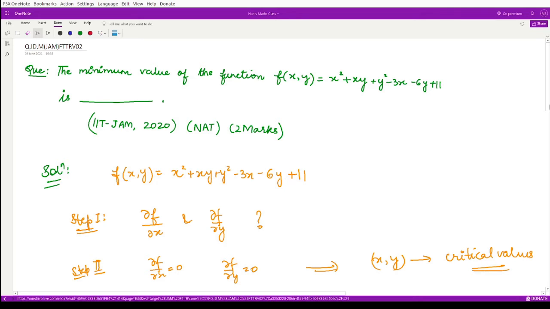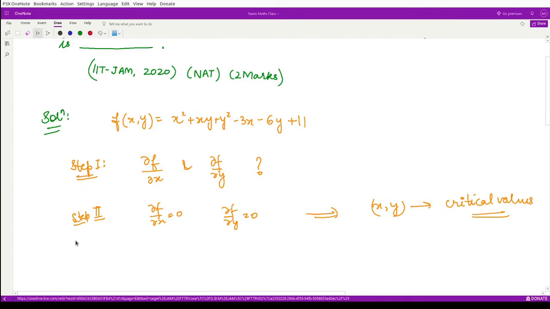And then at those critical values, in step 3, you will determine the double derivatives. Firstly, the double derivative with respect to x, then the mixed derivative, and then the double derivative with respect to y. You will determine all these values at those critical points.